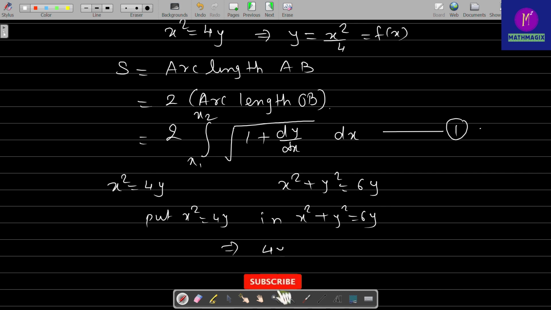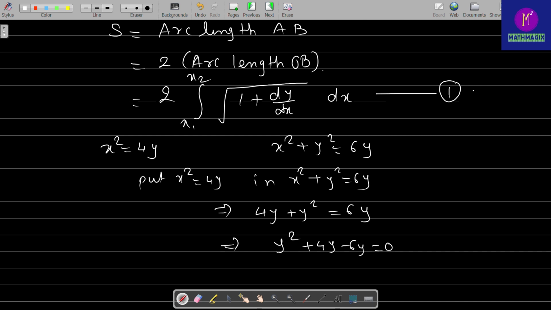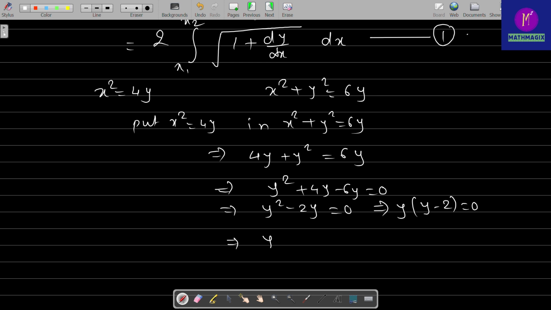This implies 4y plus y square equals to 6y, and this implies y square plus 4y minus 6y equals to 0, which implies y square minus 2y equal to 0, which implies y into (y minus 2) equal to 0. So this implies y equal to 0 or y equal to 2.